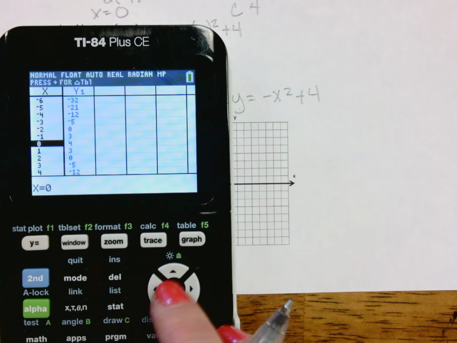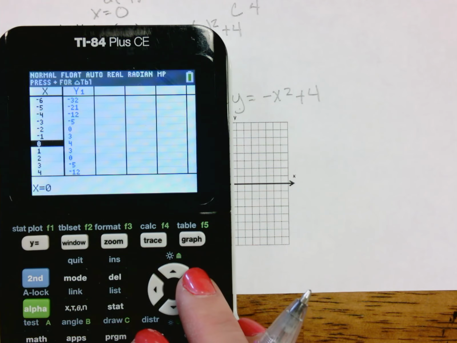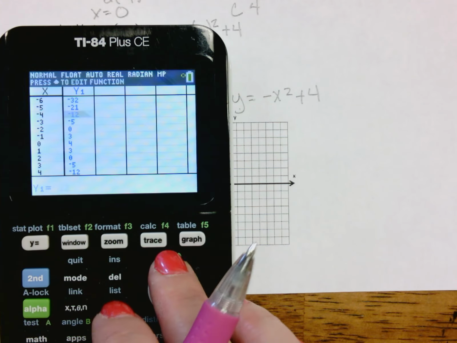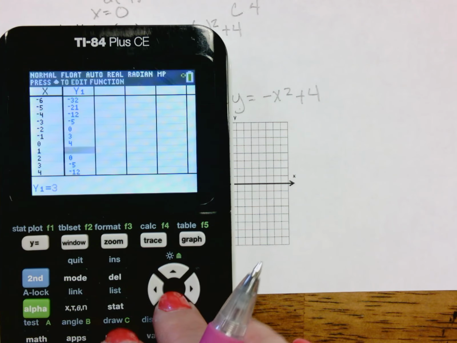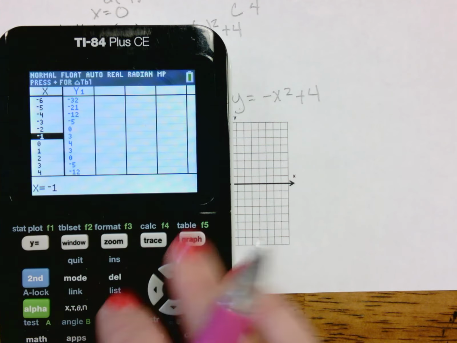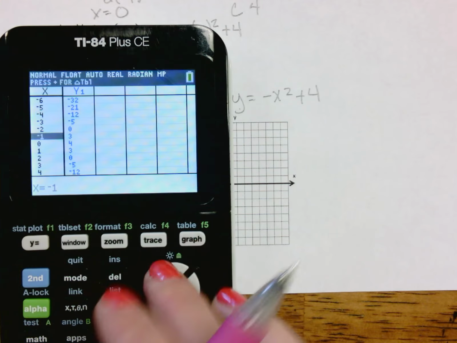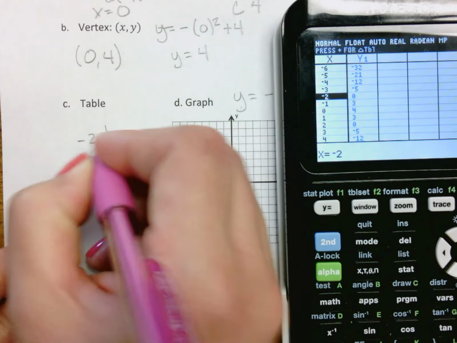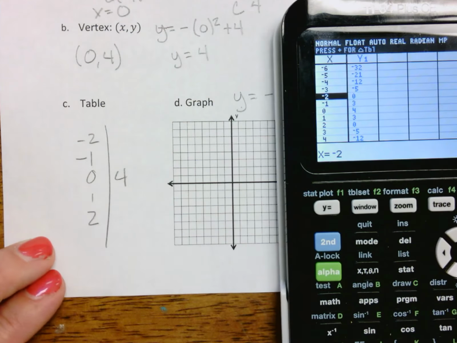So our vertex was at 0, and if you look in the y, you can see the pattern repeating to the top and repeating to the bottom. So we're going to go 2 numbers smaller and 2 numbers bigger than 0. So we're going to go negative 1, negative 2, positive 1, positive 2.